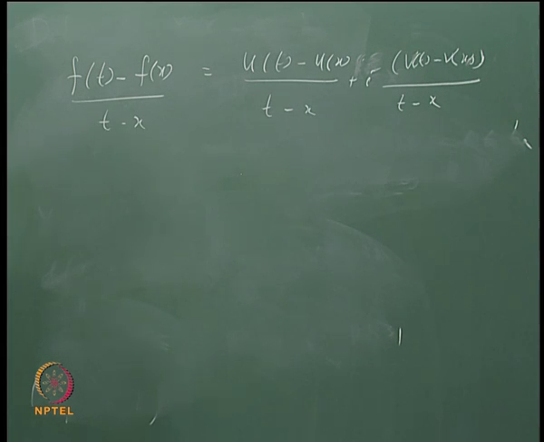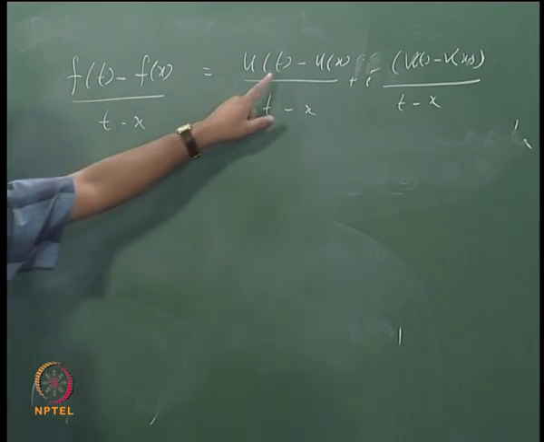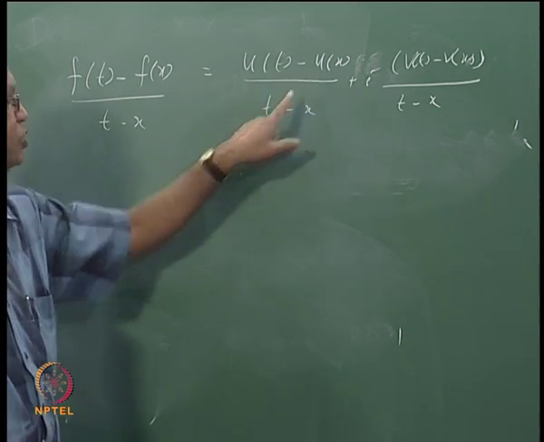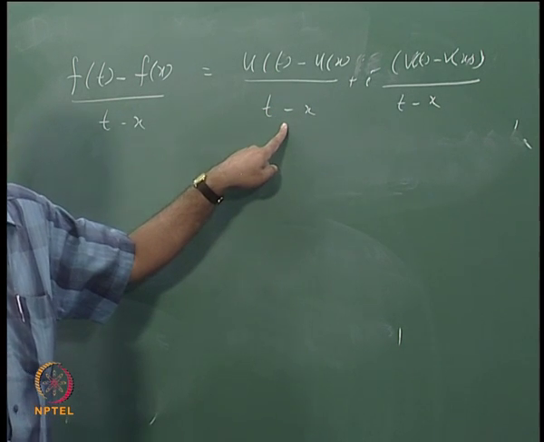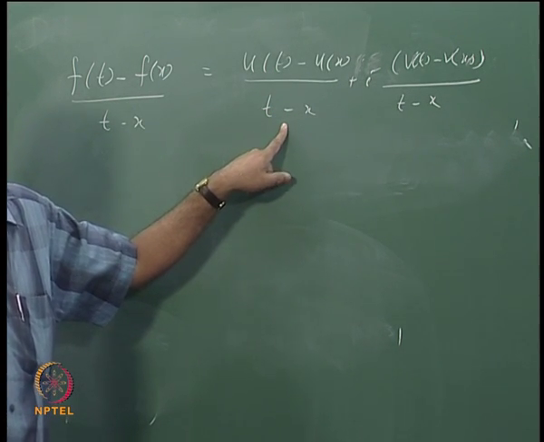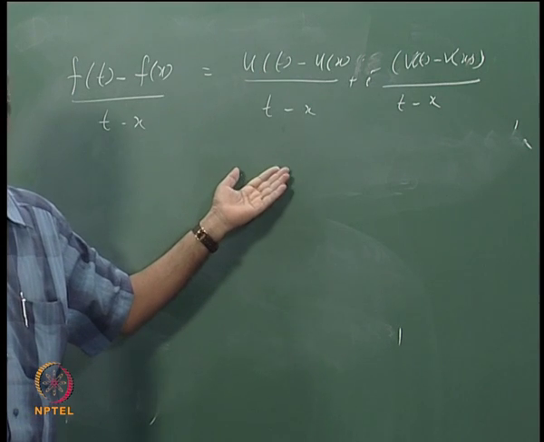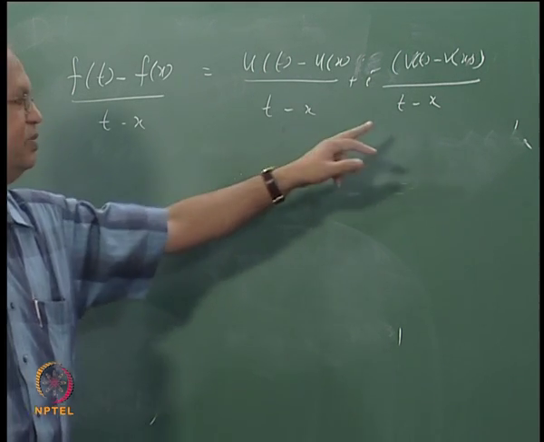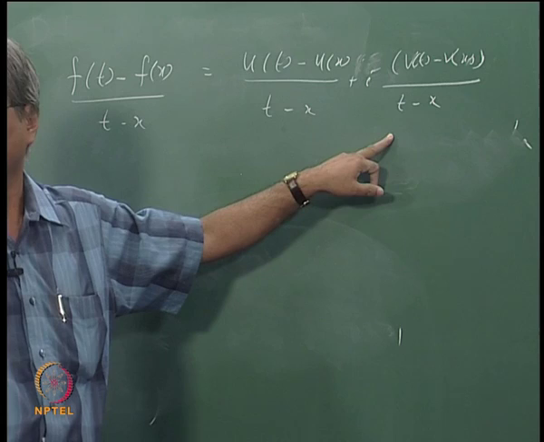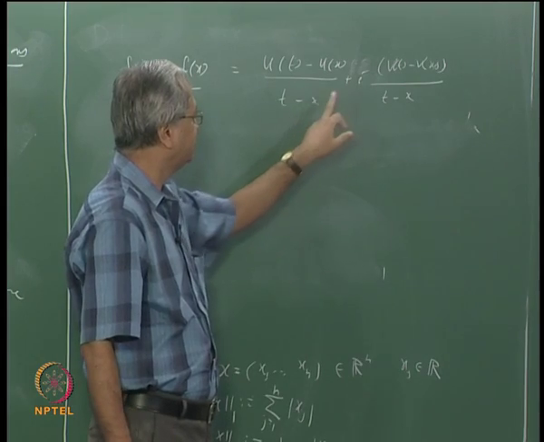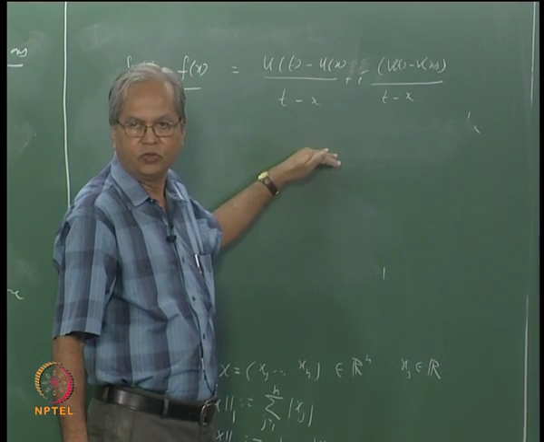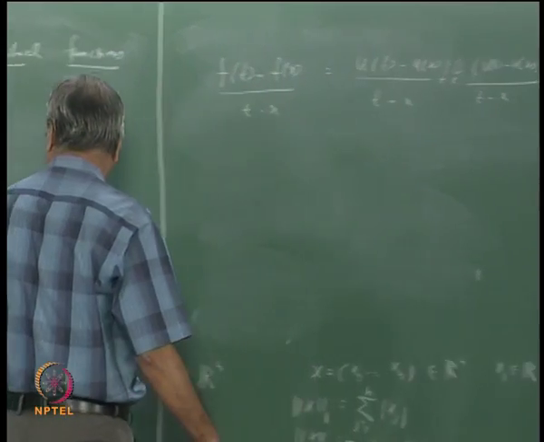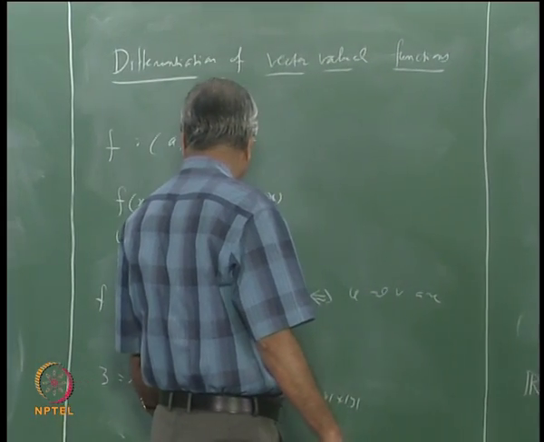Then let us say that suppose the limit of this exists, u(t) minus u(x) divided by t minus x, suppose this exists, then that we would call u prime at x. And similarly if the limit exists, that we will call v prime at x. But then the limit of this plus i times this should also exist, and that is where we use this property.